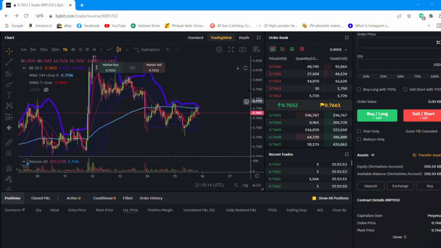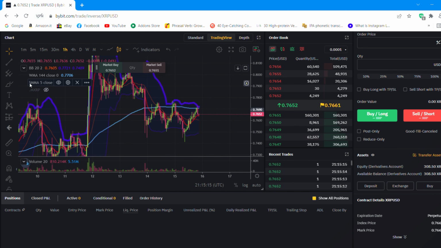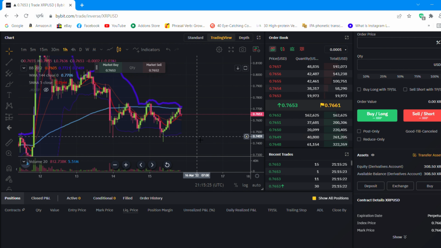I always keep the smooth moving average, the 5 SMA, and the 144 weighted moving average on my Bybit. That's because on my phone, I like to monitor on Bybit, because I can close and DCA in and out on the phone very easily. And I like to have these as reference.